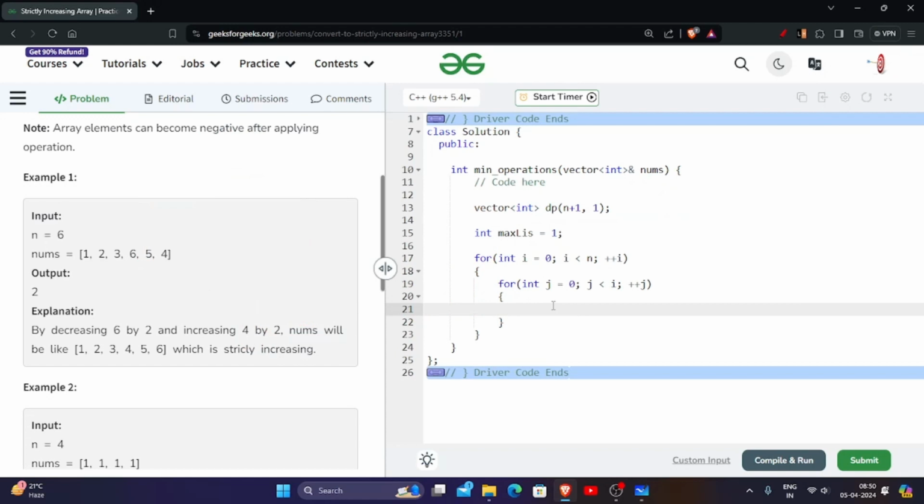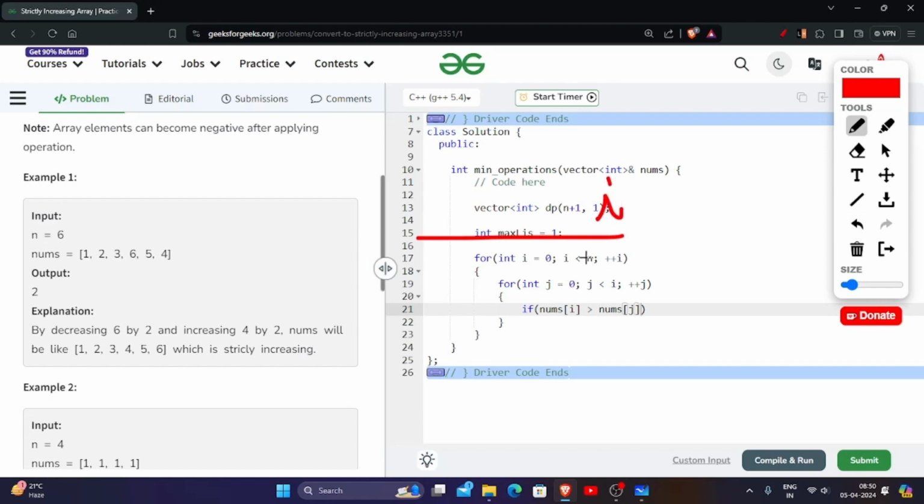It is the same condition, but now we are doing it with dp, and this is quite intuitive. I am taking these two pairs: is nums of i greater than nums of j? Since i is standing here and checking the previous values, if I am greater than you, can I form a subsequence with you?